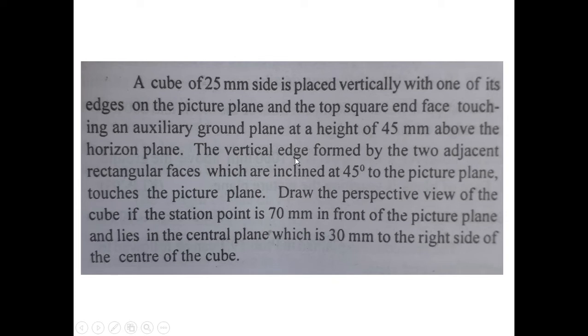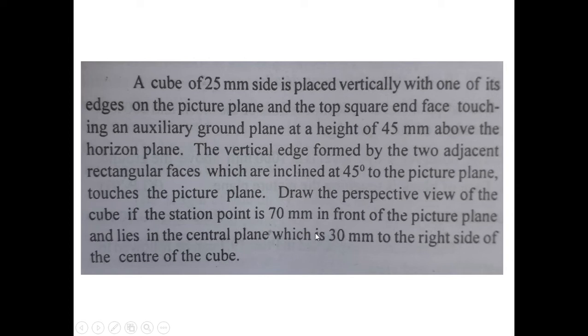Now also it is given that the cube's vertical edge is touching the picture plane, and it is inclined 45 degrees to the picture plane. It is also given that the station point is 70 mm in front of the picture plane, and it lies in a central plane which is 30 mm to the right of the center of the cube.